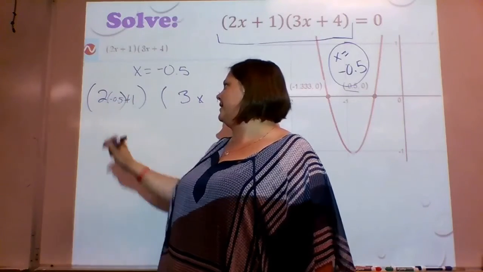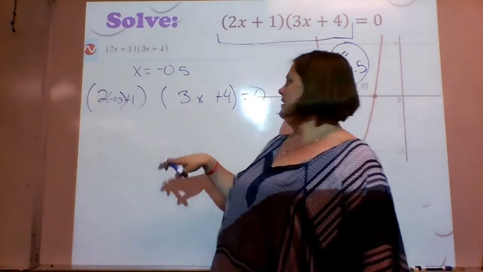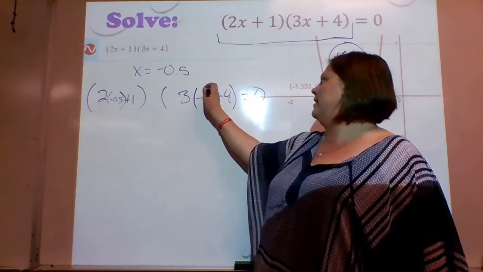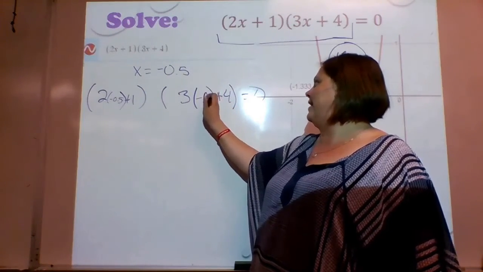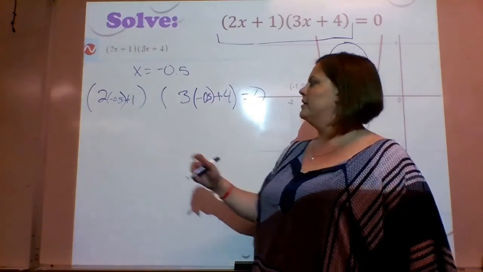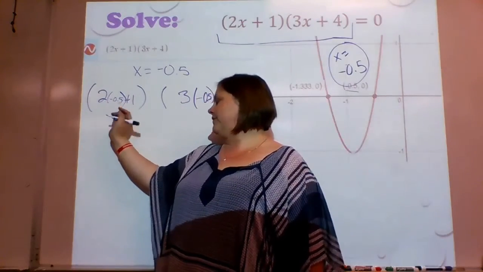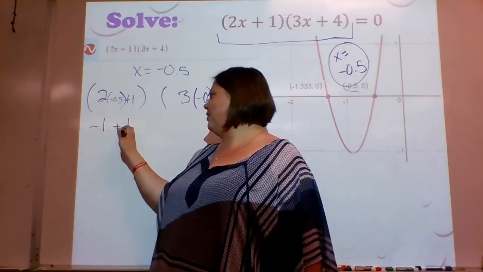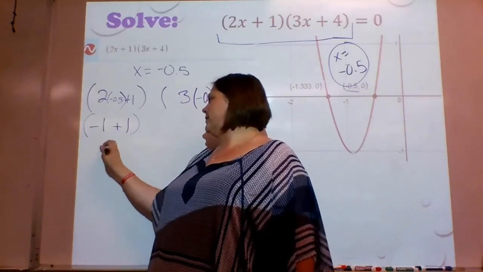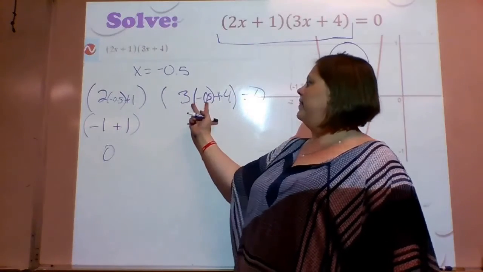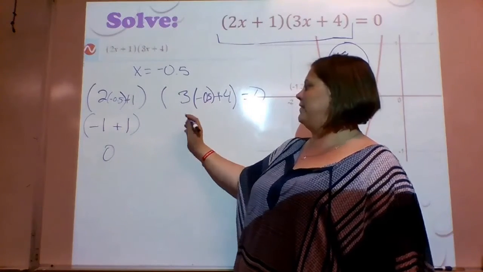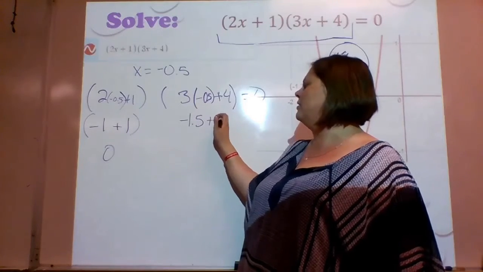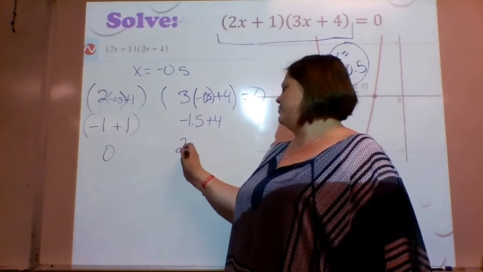Here, I'm multiplying by negative 0.5 also. 2 times negative 0.5 is negative 1 plus 1 equals 0. 3 times negative 0.5, because this is order of operations, is negative 1.5 plus 4 yields me 2.5.